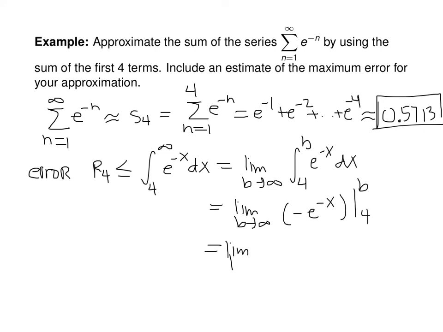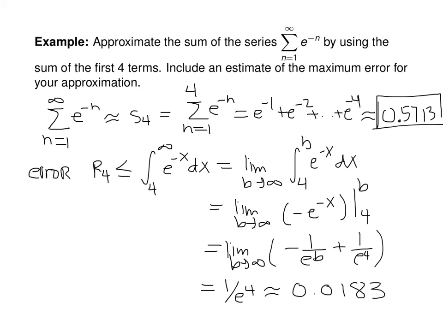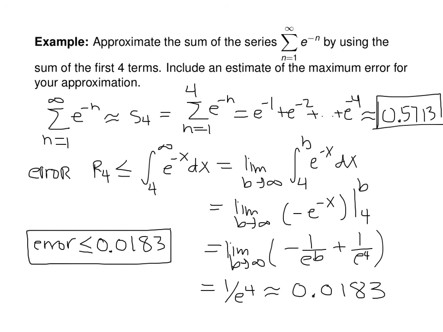This is the limit as b goes to infinity, negative 1 over e to the b plus 1 over e to the 4. And since b goes to infinity, the 1 over e to the b goes to 0. So this limit is just equal to 1 over e to the 4th, which is approximated by 0.0183. So the error is less than or equal to 0.0183. Not so bad for only summing 4 terms.